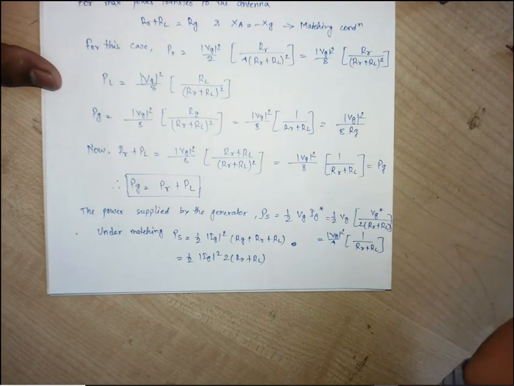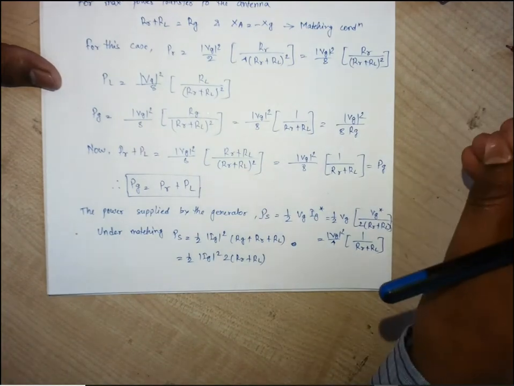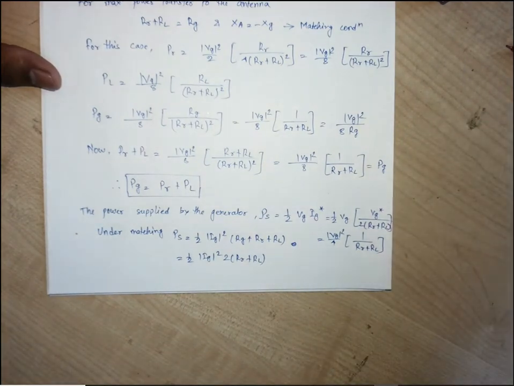After that, some part is dissipated in the source resistance and some part in the antenna resistance.